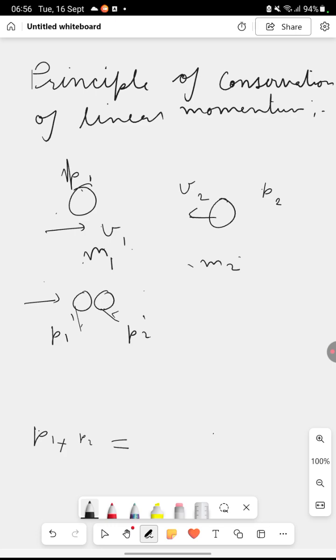After the collision, the momentum of the first body is p1 dash and of the second body is p2 dash. This is the conservation of linear momentum.